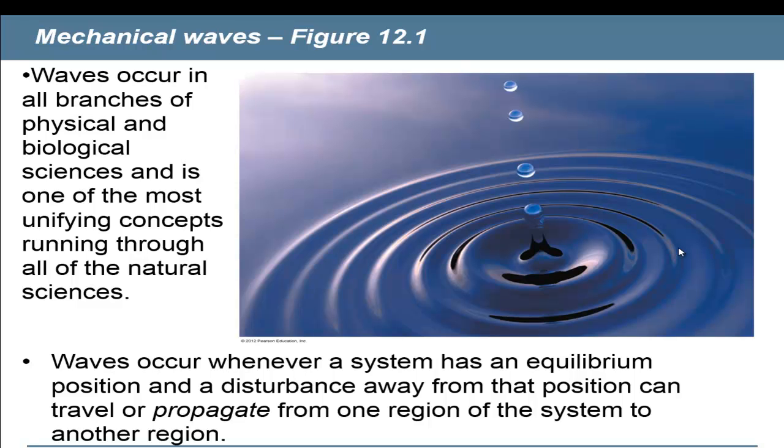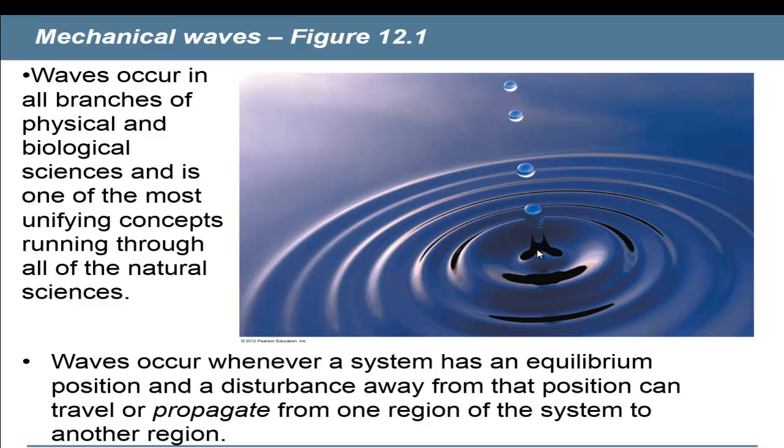Now, in a very broad sense, a wave is this: anytime you have a system that's in equilibrium, and then you disturb it at one of its ends, that disturbance can travel throughout the entire system. So we say that disturbance can propagate from one region of the system to another. It's just like the ripples on this pond or pool here.